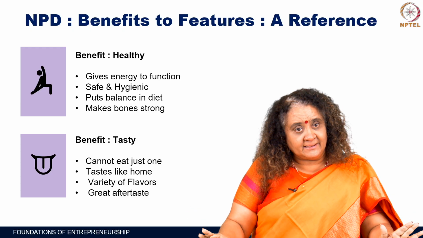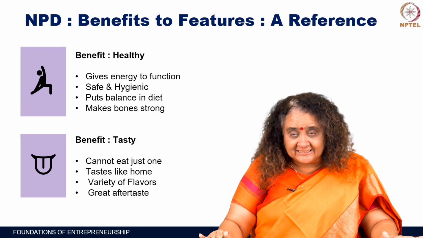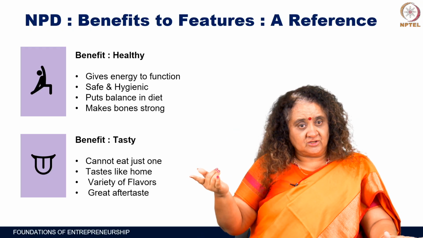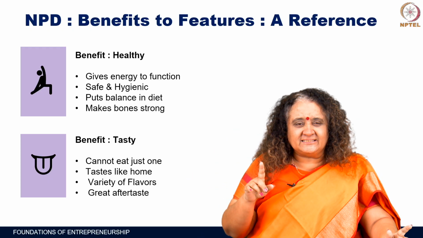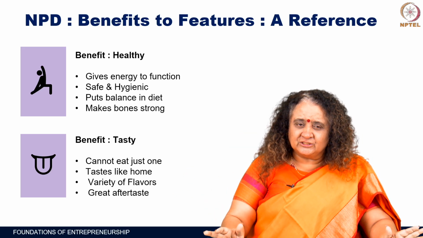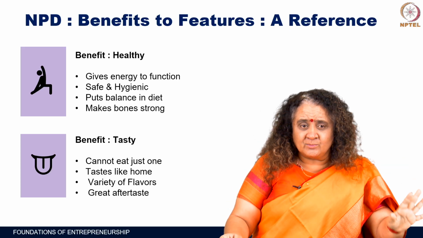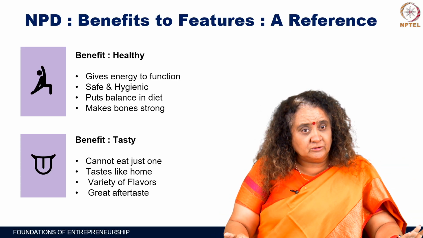And brand XYZ crackers can choose any of these health benefits and then the feature will change. For example, if makes bones strong is the feature that the customer is looking for, then you will add calcium or you will add vitamin K or whatever is needed to make bones strong.